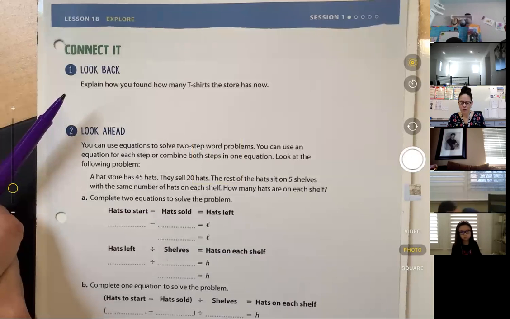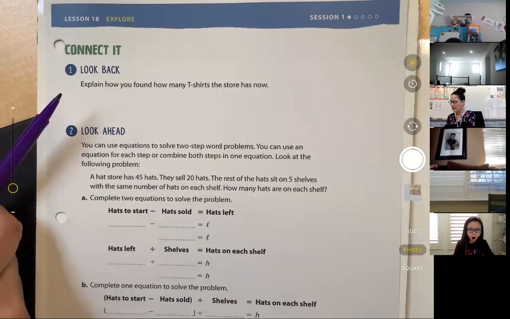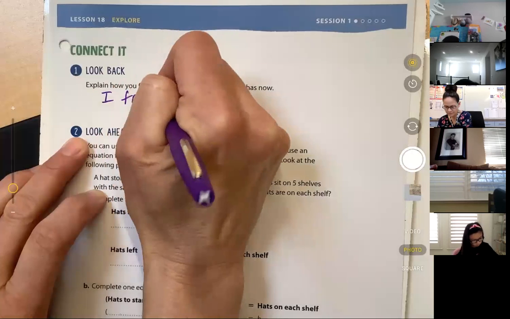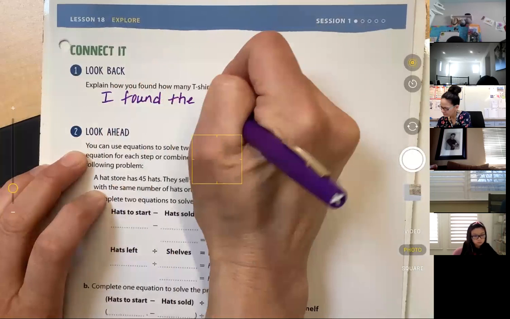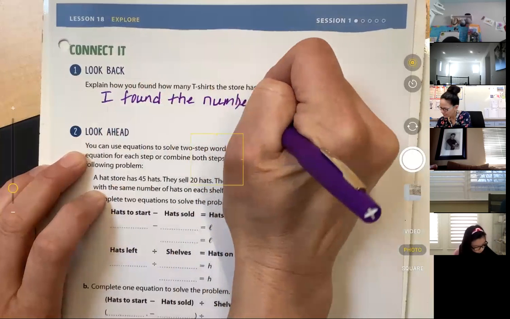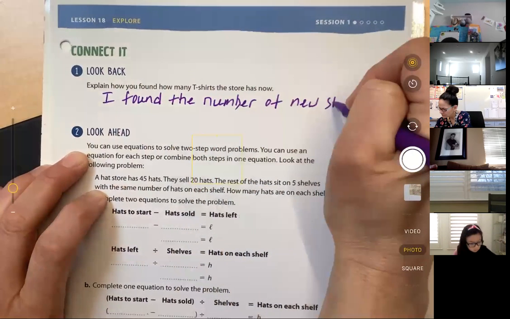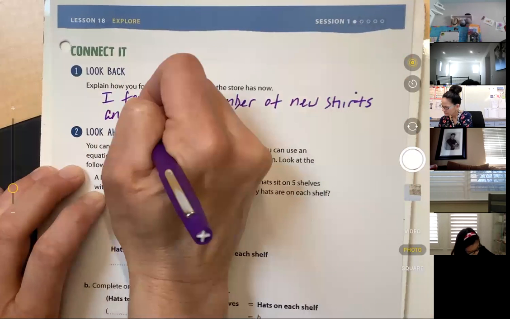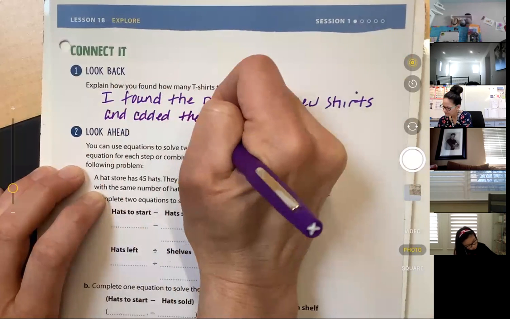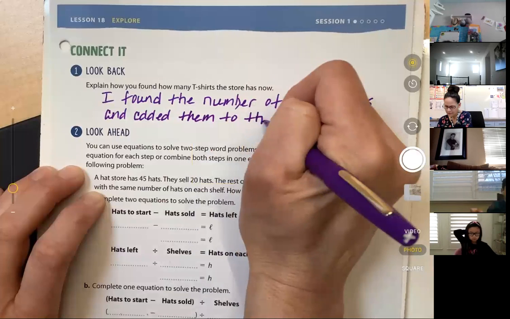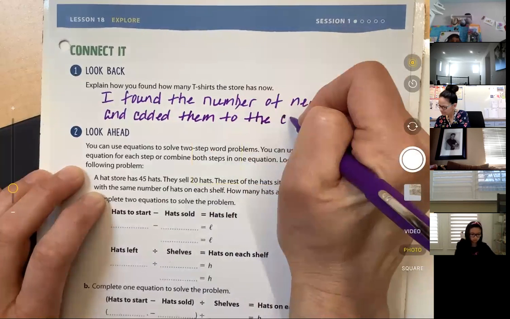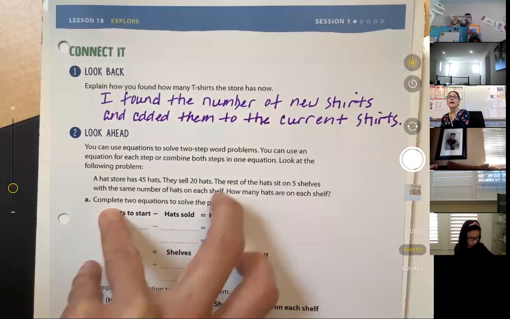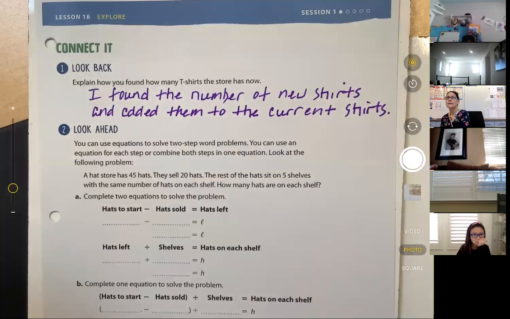So what I did is I found the number of new shirts and added them to the current shirts.